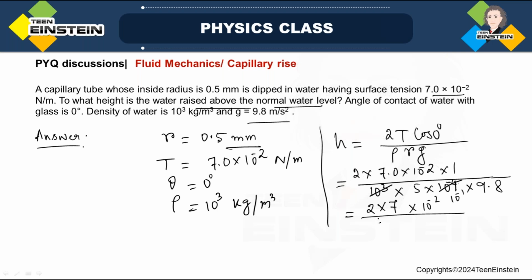In the denominator we can write it like this, 98 into 5 into 10 to the power minus 2. So this is in meter so far. So this 2 will give you this. 14, 7 times 14 is 98, so you get 1 over 35 meter.